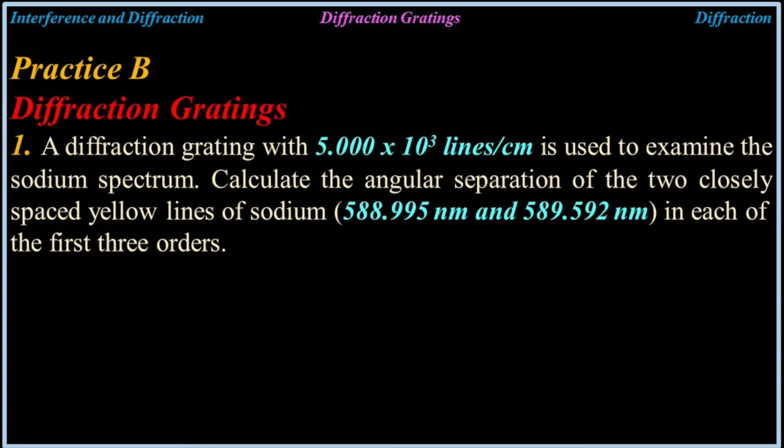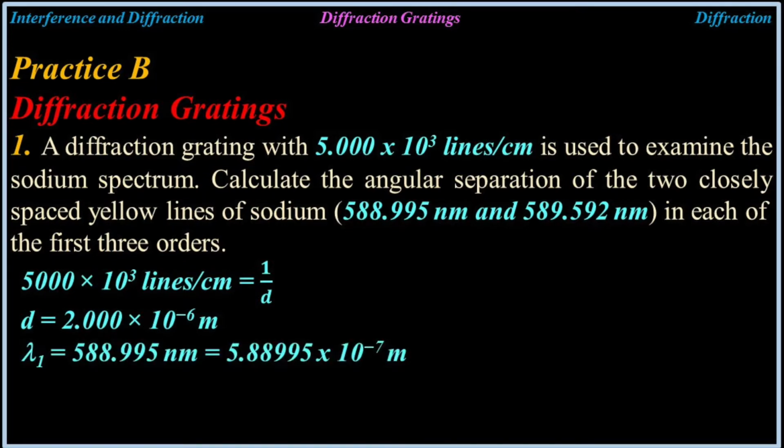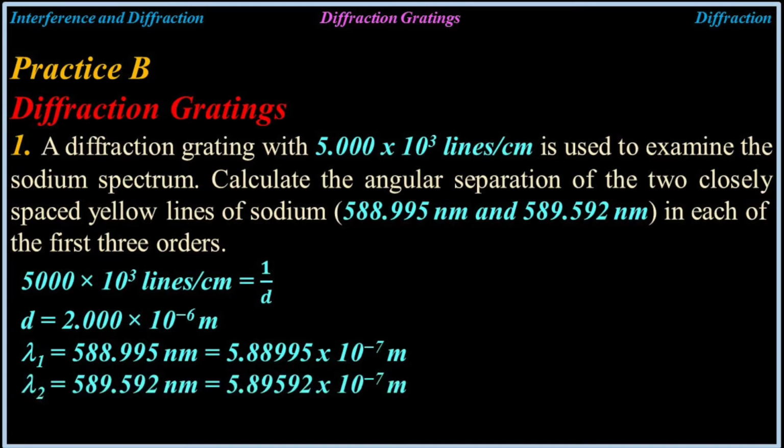Here are the givens. Now remember, you have to do lambda 1 and lambda 2 for each of the three orders. So watch the subscripts, and that will help you figure things out. This is lambda 1, lambda 2.